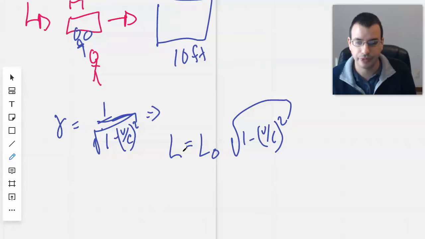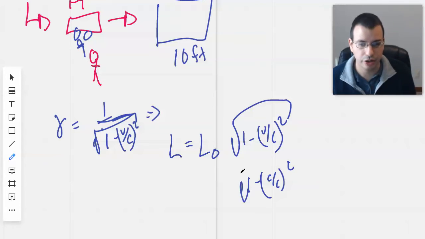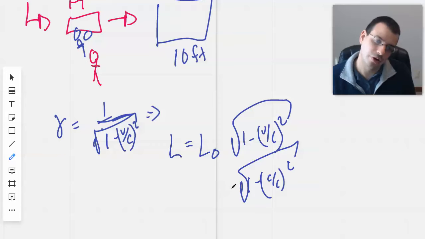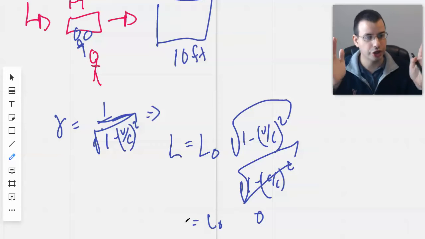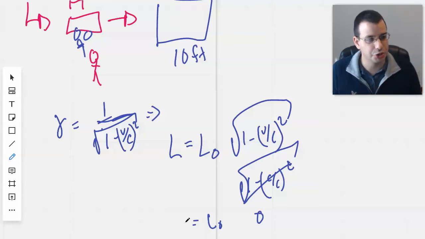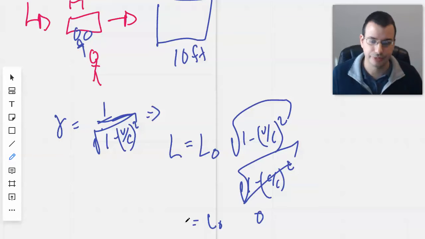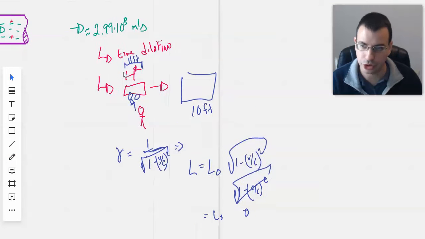And therefore, if you're going at the speed of light, you get 1 minus c over c squared, square rooted. So this would be 0, and it looks like you've shrunk, contracted down to 0. And then you have variations between 0 and completely shrunk. Okay, so that's the idea behind what we're doing here.